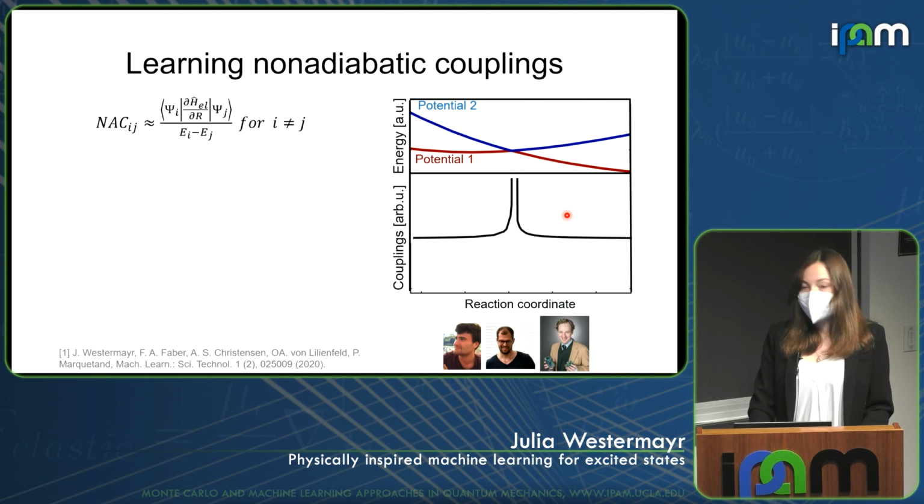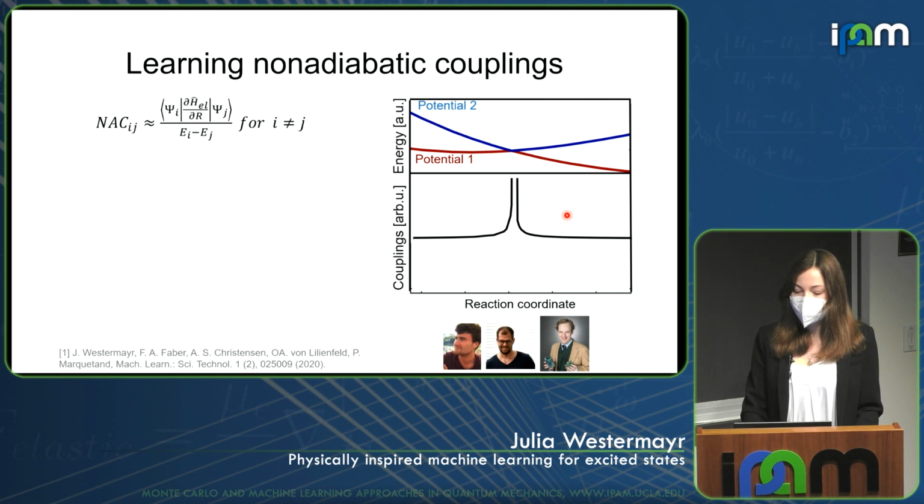And finally, there is another problem that we wanted to improve, and these are the nonadiabatic couplings. The first studies always trained nonadiabatic couplings as single values, but they are vectorial properties, and they need to rotate with the molecule. Everyone ignored this in the beginning, and we tried to improve it.